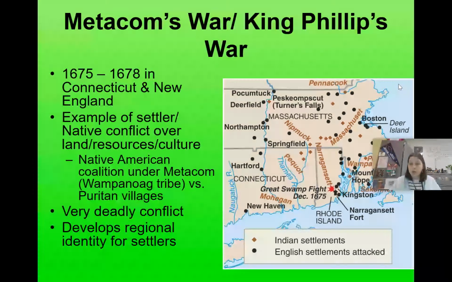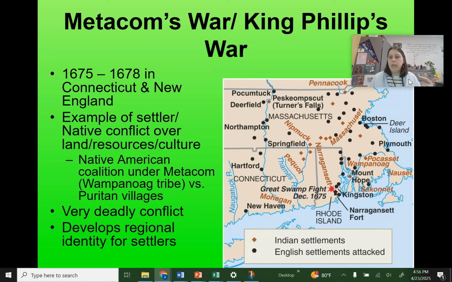That is alternately called Metacom's War or King Philip's War. Metacom and King Philip are the two different names for the same person. This is a person who was the chief of the Pequot and who is the first Native American leader, at least of significance for us, to do something that we're going to see a bunch of other Native American leaders do, which is to try to get together a coalition of Native American people from different tribes.